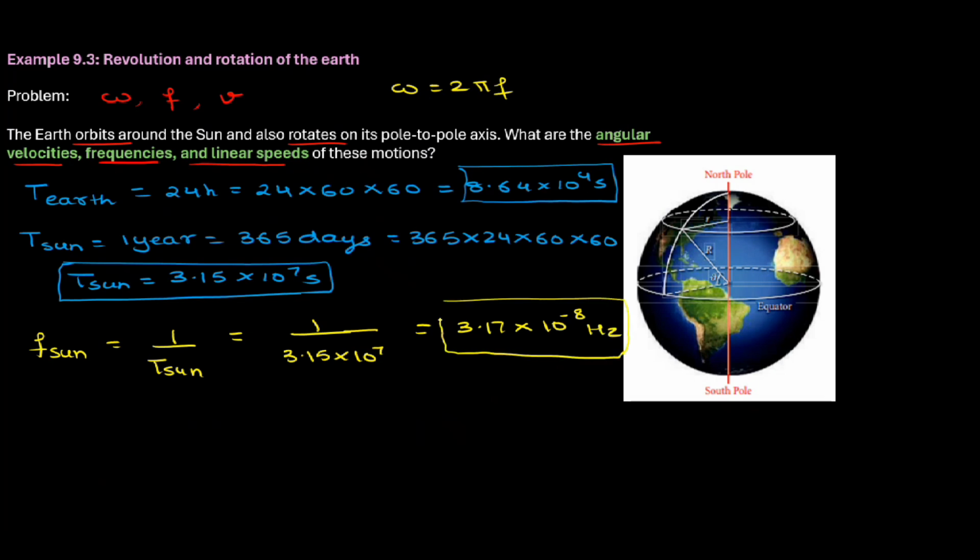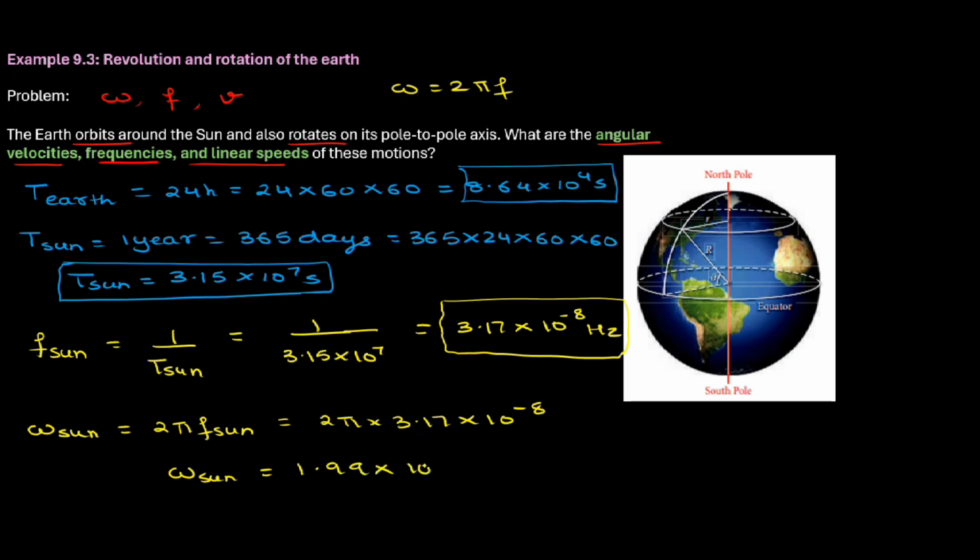Once I find the frequency, now I can find the angular velocity omega. So angular velocity of revolution around the Sun is equal to 2 pi times the frequency. So multiply 2 pi with the frequency we just found, 3.17 times 10 to the power negative 8. And once you multiply them, you get the angular velocity to be equal to 1.99 times 10 to the power negative 7 radian per second.